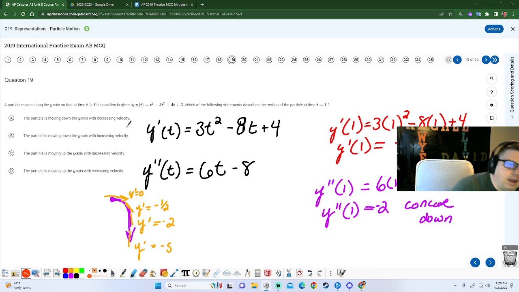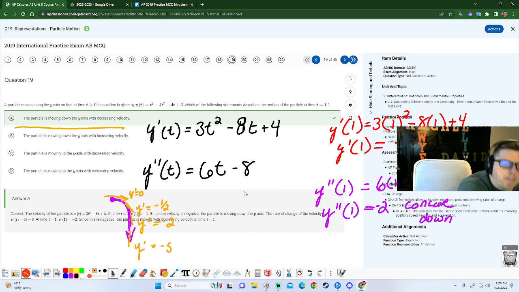So we are going to be moving down at a decreasing velocity is what I am going with. Final answer. Boom. And we could show that the velocity is negative 1. And then v prime, which is acceleration, is negative 2, which is negative. So since the particle is moving with a decrease in velocity, there you go.